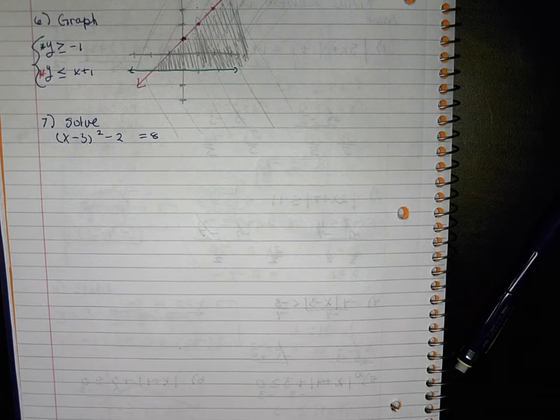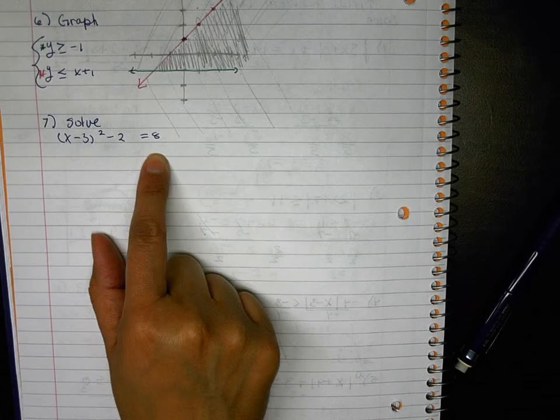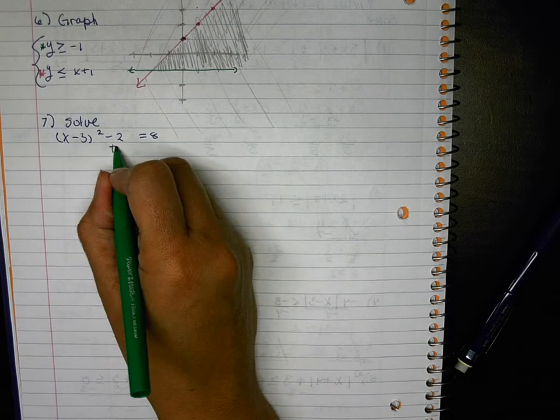When there was a quantity squared, we solved it a little bit differently. We kind of treated it like an absolute value. We isolated the quantity squared. So what would I do with this minus 2? Add it. Good job. So I would add the 2. And what would that give me?